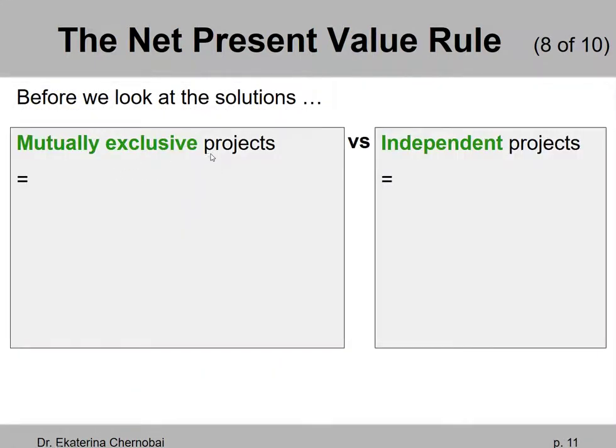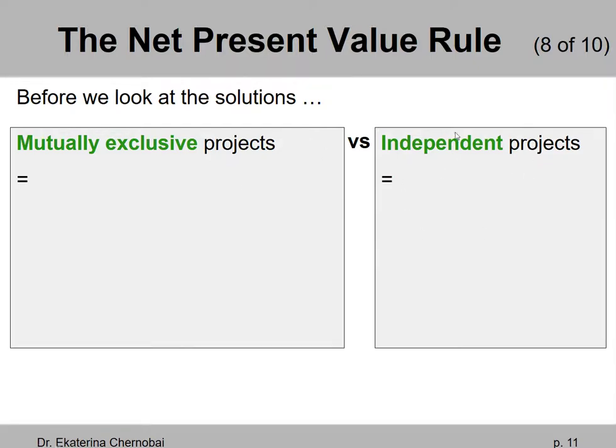Mutually exclusive projects versus independent projects. What are mutually exclusive projects? Mutually exclusive projects are those that cannot both happen simultaneously. You have to pick one. If both look good, pick the best one. You can only pick one, no more than one.